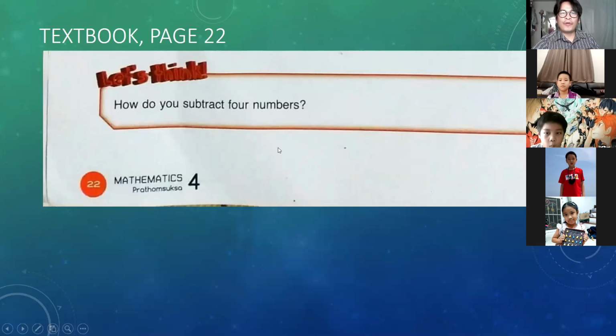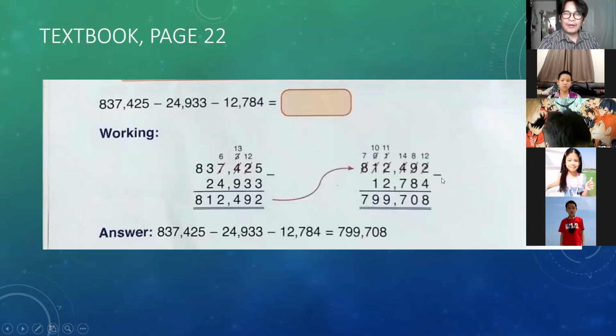How do you subtract 4 numbers? A while ago, how do you subtract 3 numbers? So the second number is subtracted from the first number. And then the third number is subtracted from the first difference.